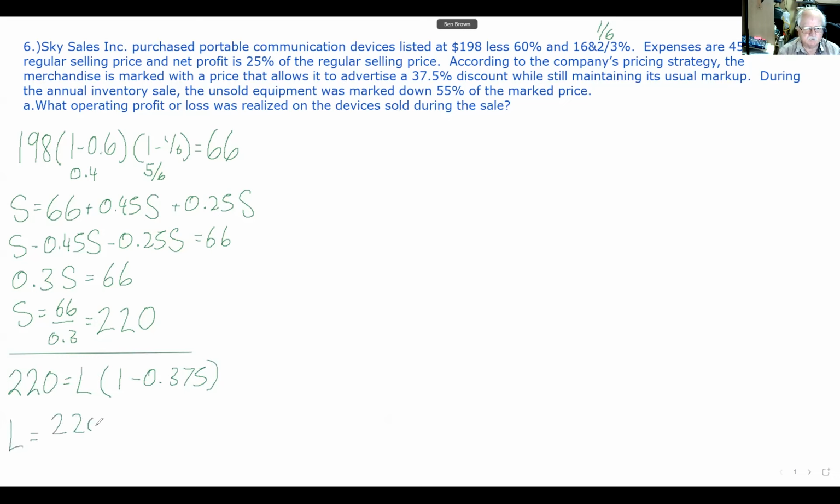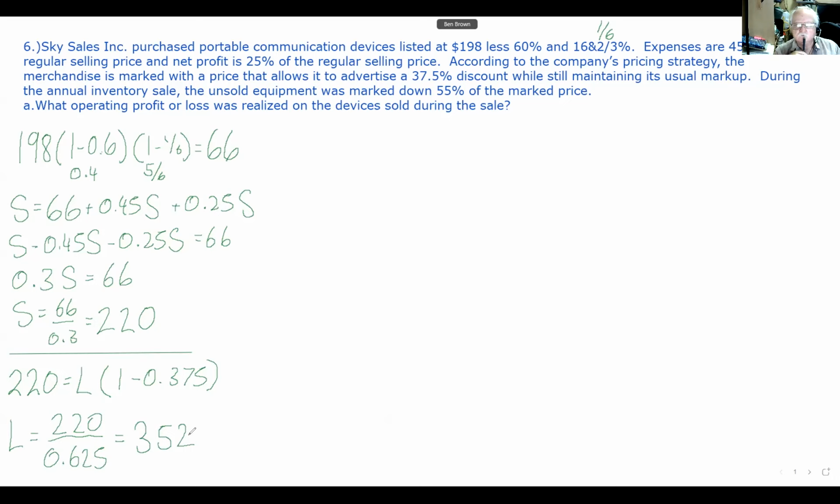It's 220 divided by 1 minus 0.375, which is 0.625. So 220 divided by 0.625, they're going to put a price tag of $352 on there, unless I screwed up the calculation.